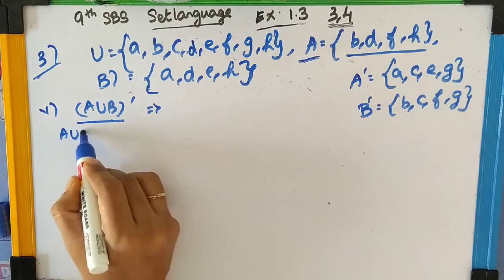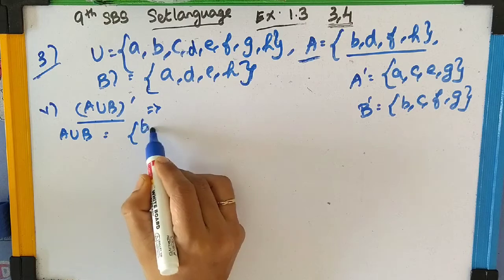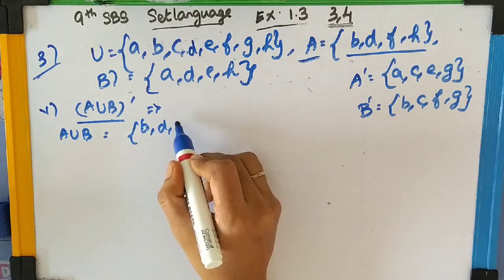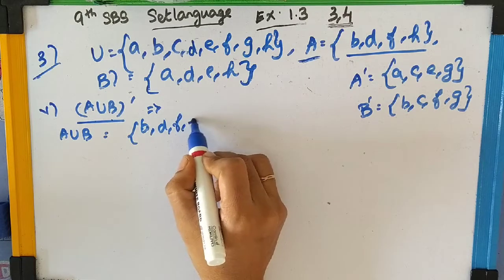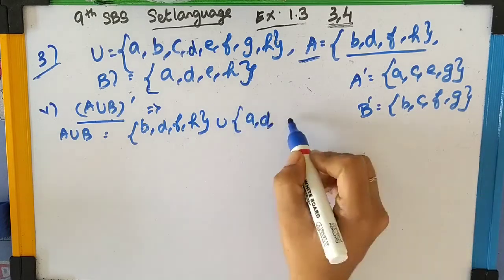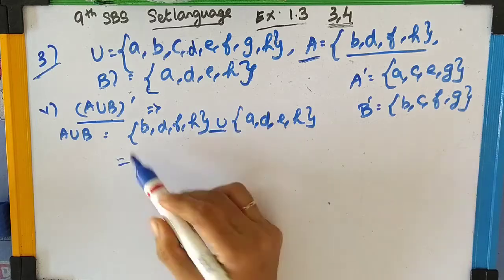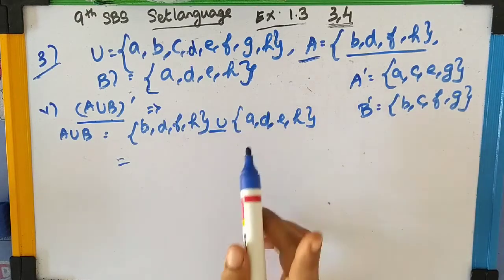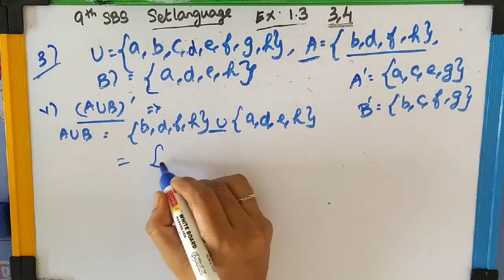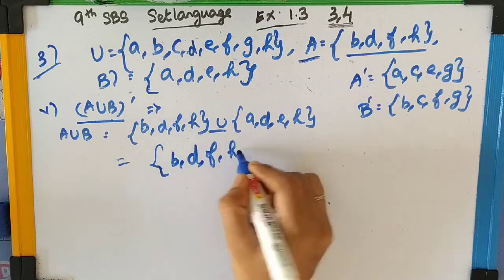Now we are going to find the fifth question, A union B the whole dash. For that, we must know A union B, isn't it? So we are going to find A union B. What is A? Come on, say it with me. B, D, F, H. Very good. Union. What is B? A, D, E, H. What is the meaning of union? Yes, we have to write all the elements, and common elements should be written only once.